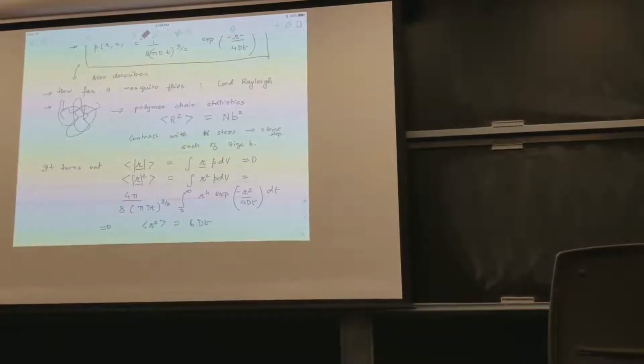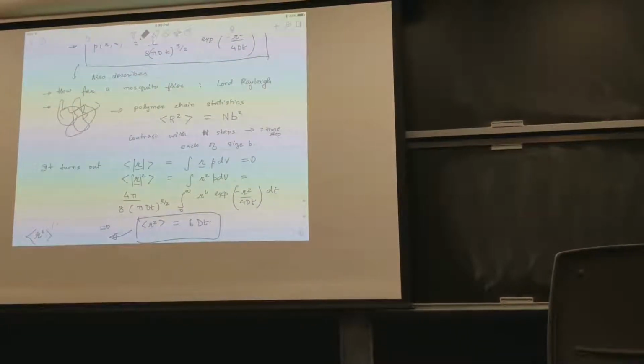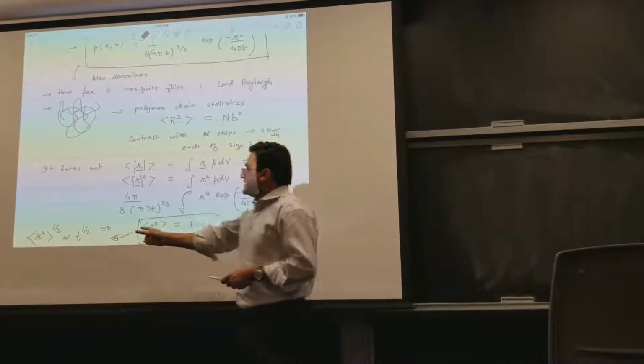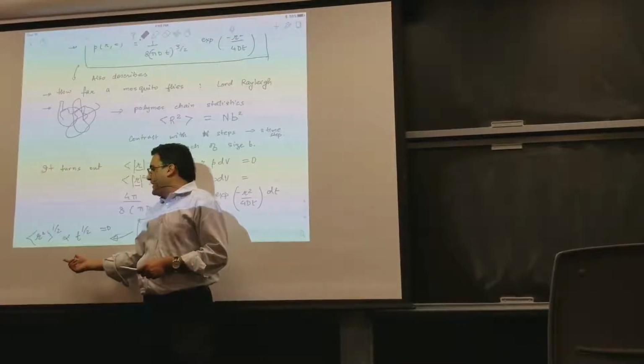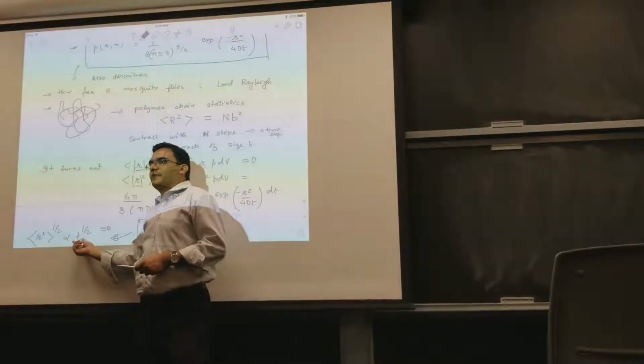So this gives you r squared is 6Dt. If I wanted a measure of displacement, I'll take the square root of this. And if I take the square root, then I get this idea back that the representative distance traveled by diffusion is root Dt.